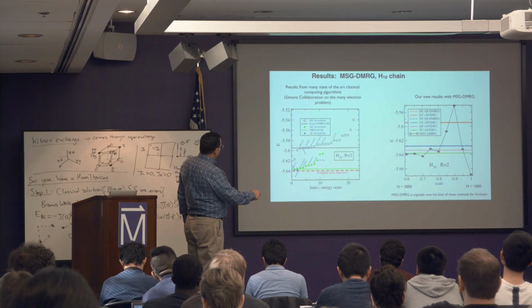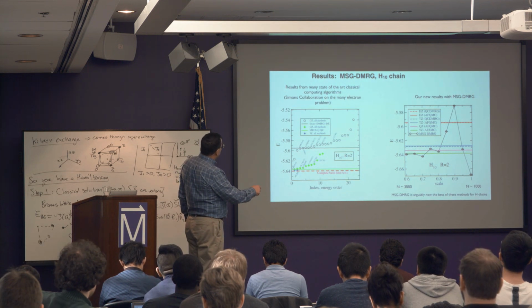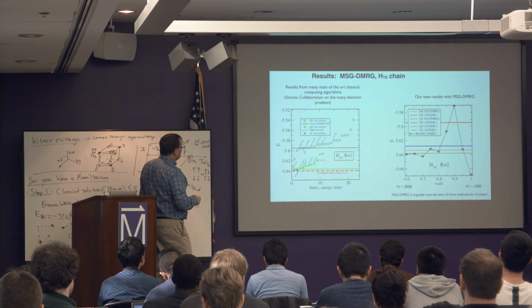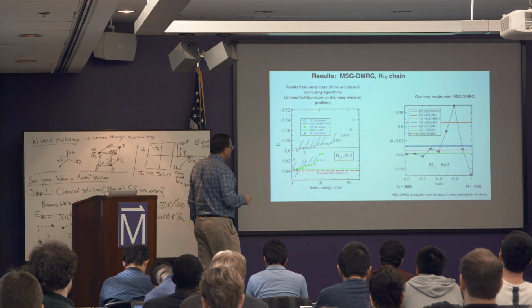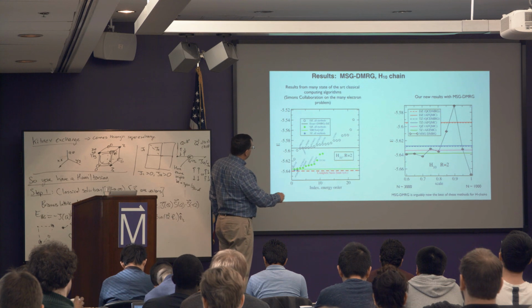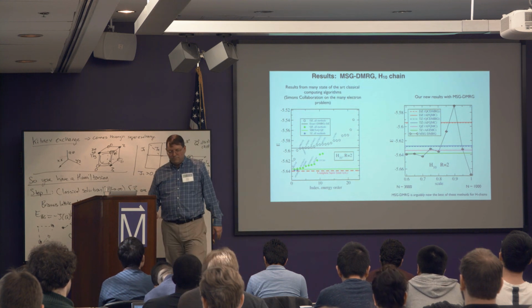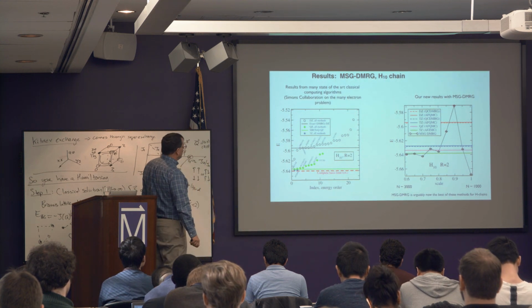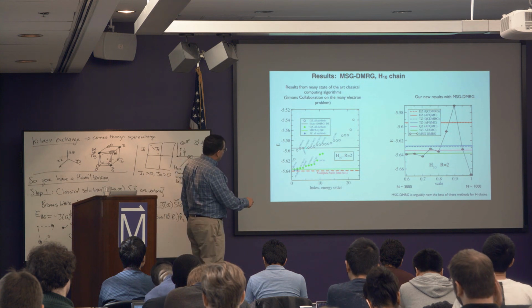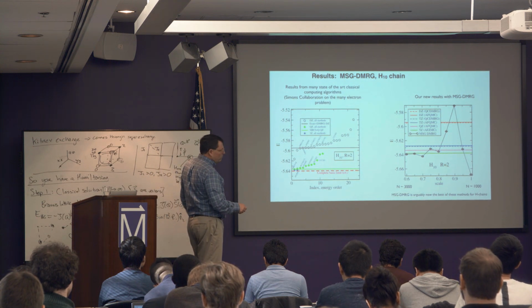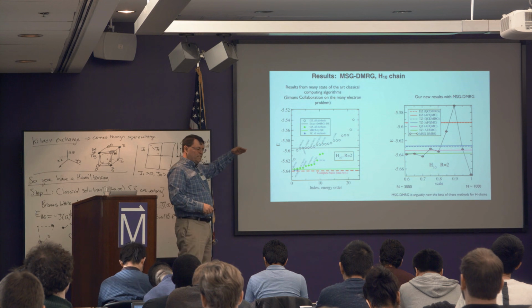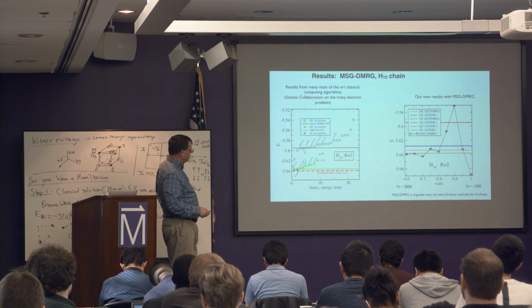Okay, so in our Simons collaboration, we studied this, and we've looked at lots of different methods that come from quantum chemistry and from solid-state physics to see how well they do. Now, the left plot shows where we're not trying to go to the complete basis set limit, but we just stay at one basis set.